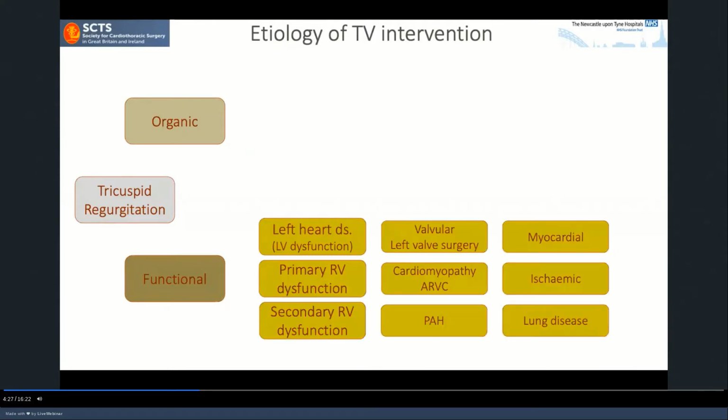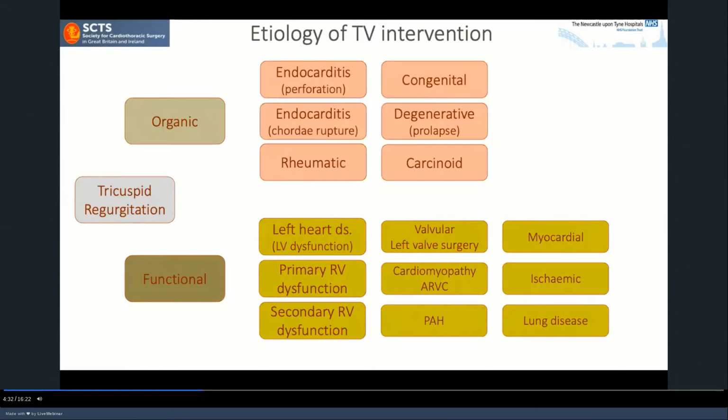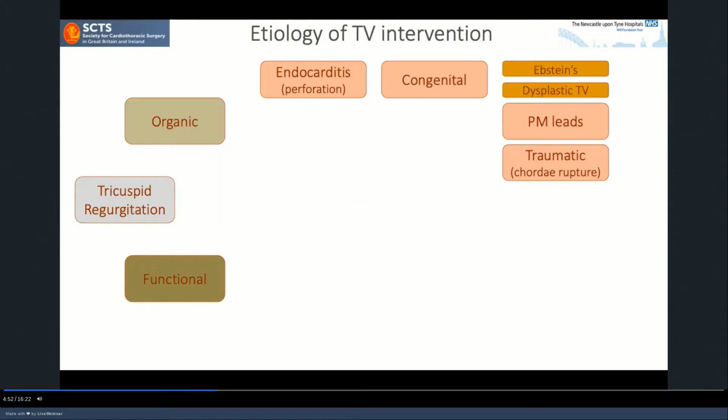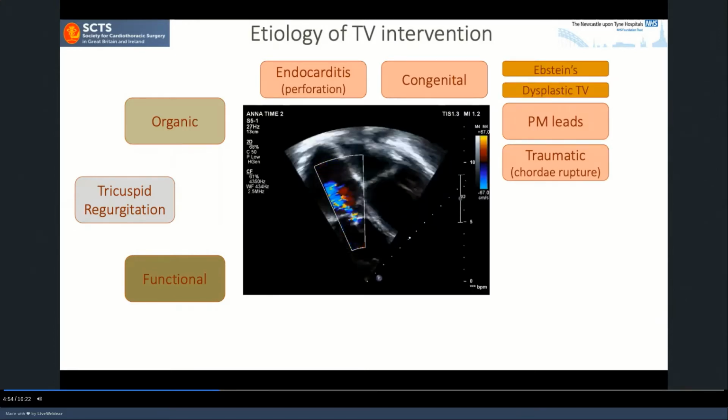Functional being the left heart disease and RV dysfunction with various causes related to it, and organic being congenital, endocarditis, degenerative, rheumatic, and carcinoid. For our patients especially, we would be focusing on congenital, endocarditis and trauma, either through rupture or pacemaker leads. And within the congenital population, Epstein's and dysplastic tricuspid valve form the major element of it.